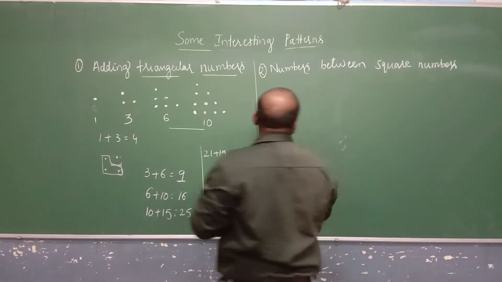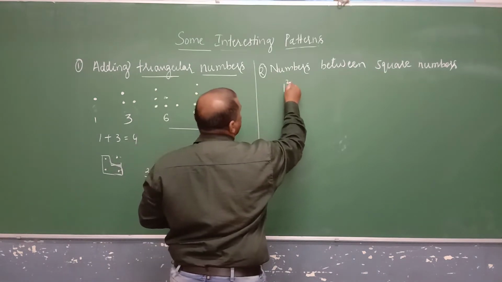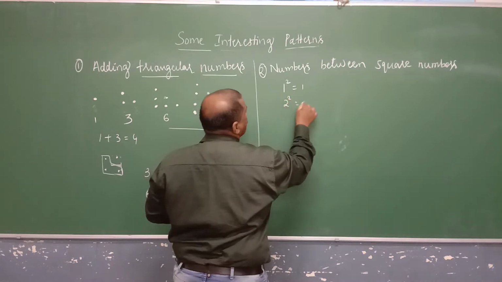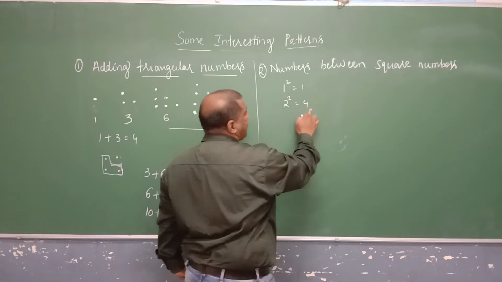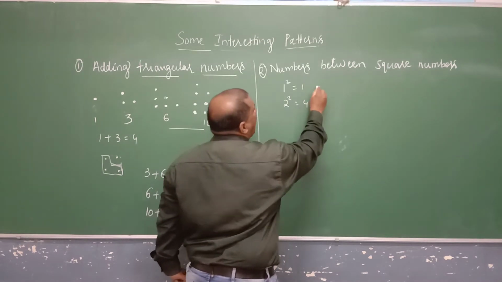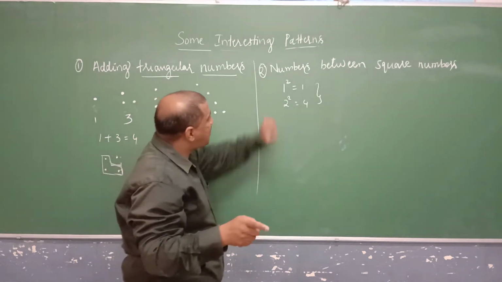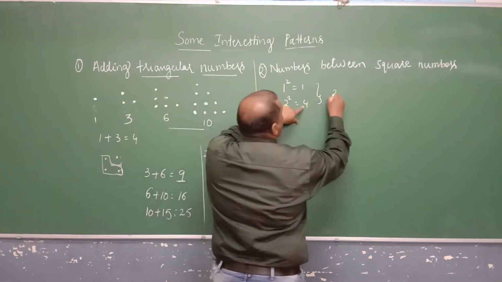What are the first two perfect square numbers? 1 is a perfect square number, that is 1 square, and 2 square is equal to 4. Between 1 and 4, how many numbers are there which are non-perfect squares? Which natural numbers are there between 1 and 4? 2 and 3.